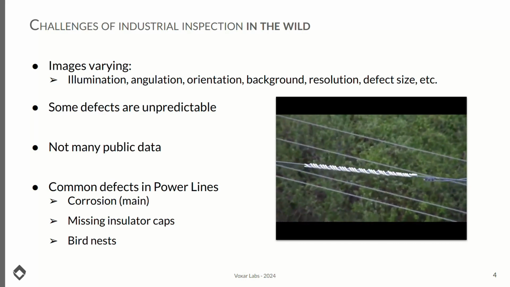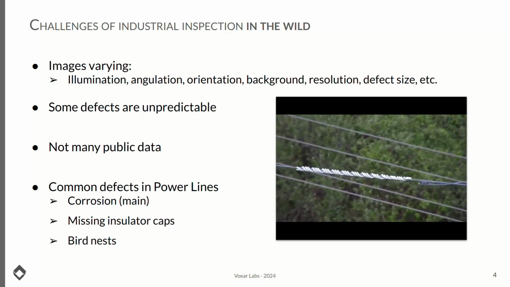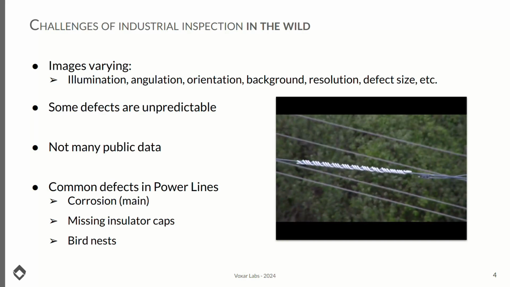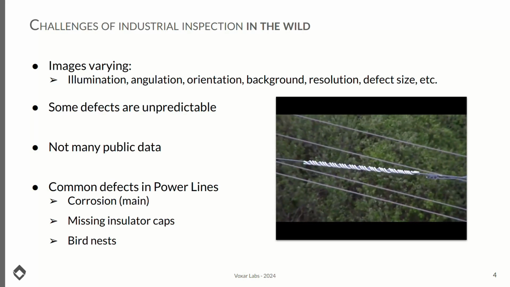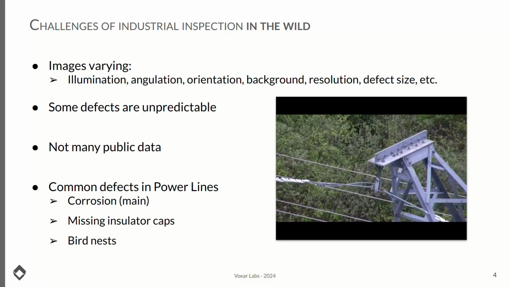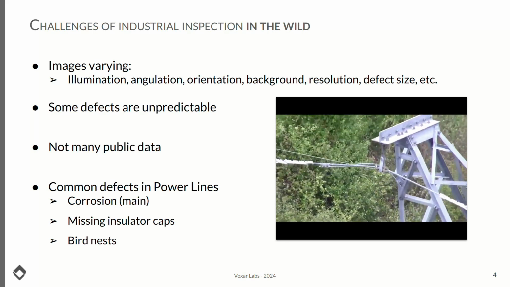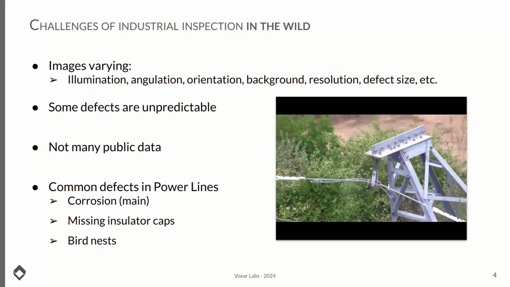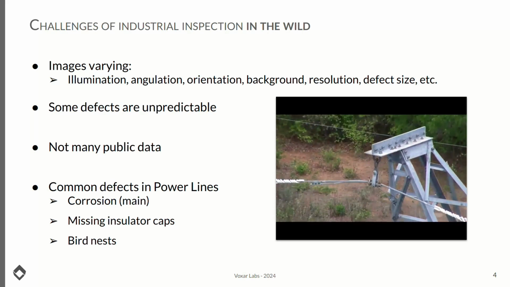We don't have much data, mainly data regarding defective objects. Take for instance power line inspections, as you can see in the video. We have corrosion as our main defect problem, missing insulator caps, and many unpredictable defects such as bird nests and stuck kites in the power lines.